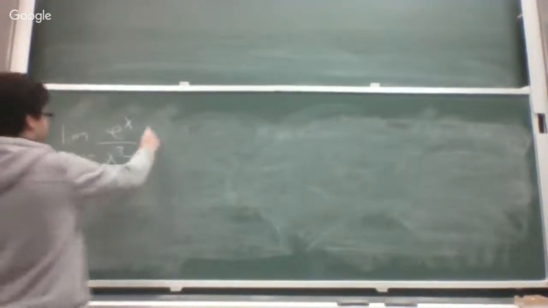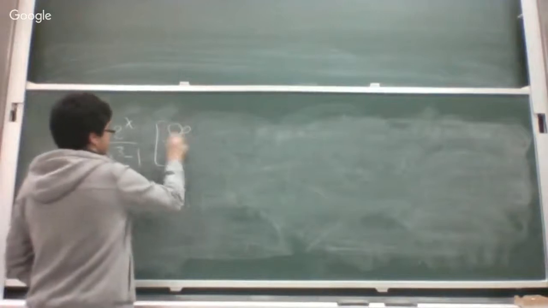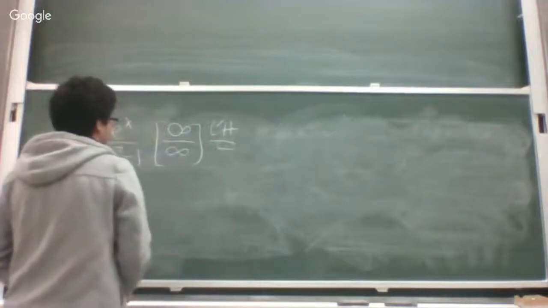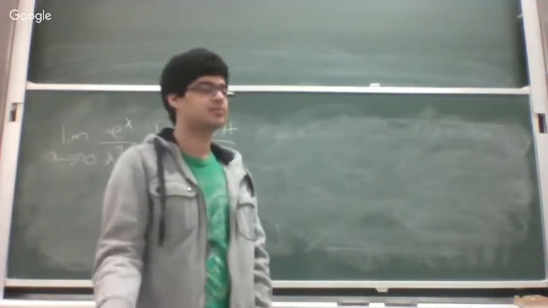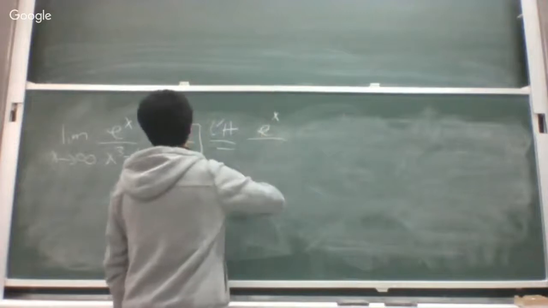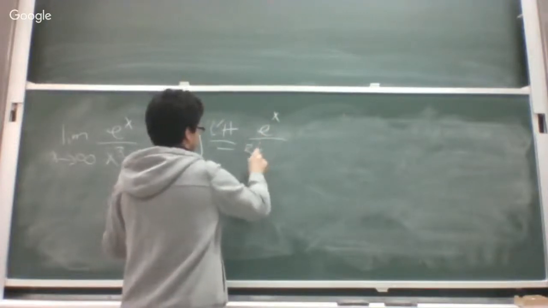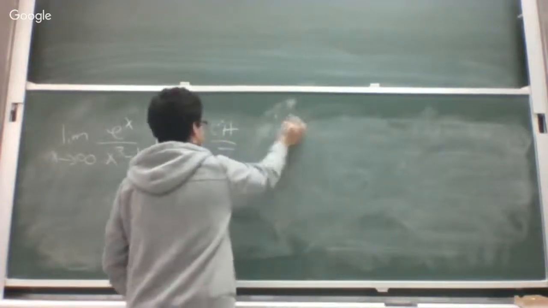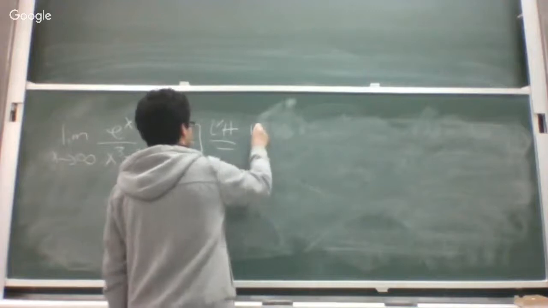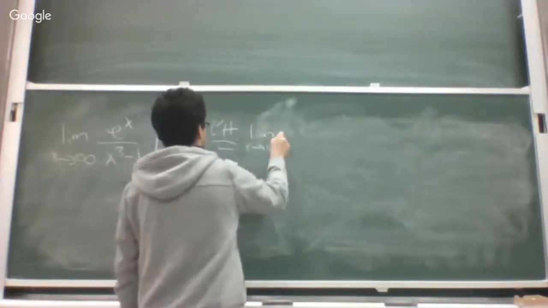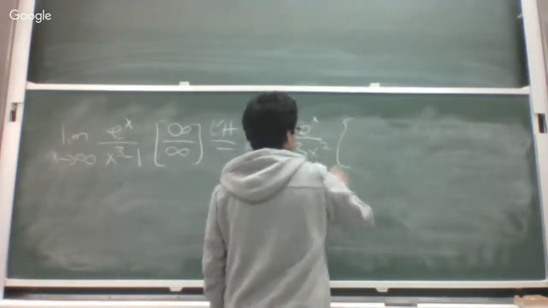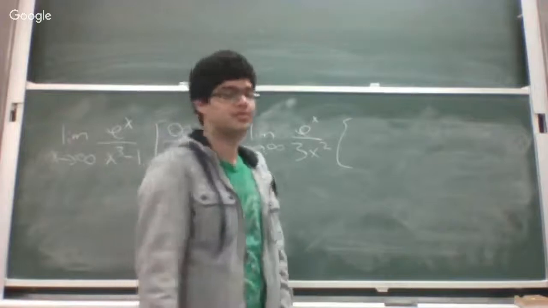Okay, so what do we have here? We use L'Hopital. What's the derivative of e to the x? Yep. What's the derivative of the bottom? I need to write limit as x approaches infinity again, or I will lose points. So what do we get here?